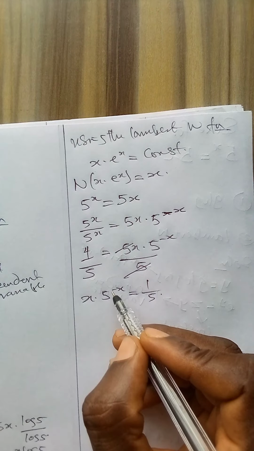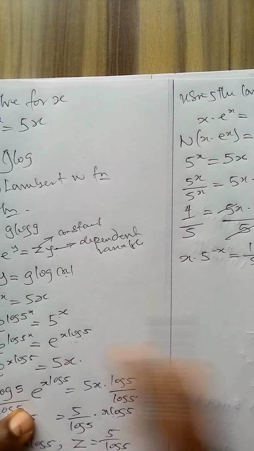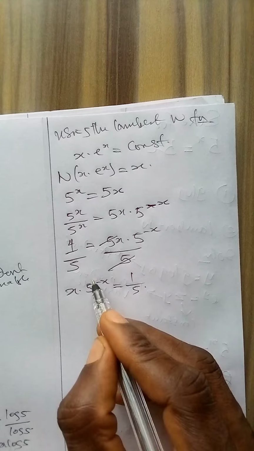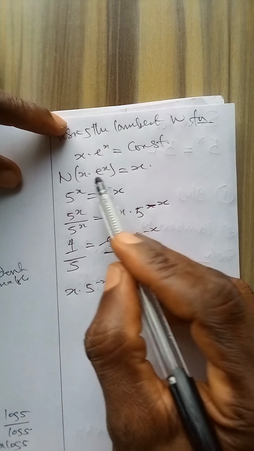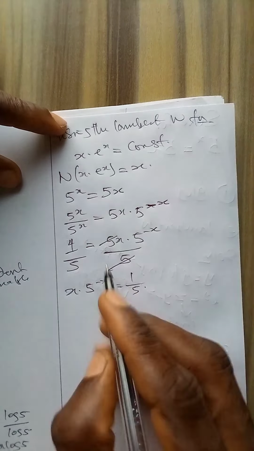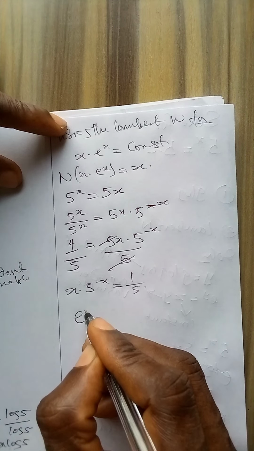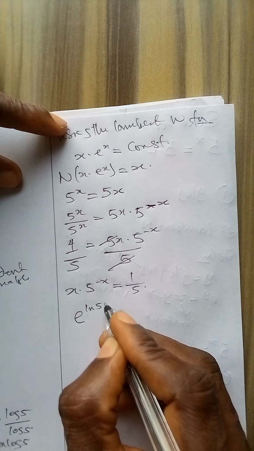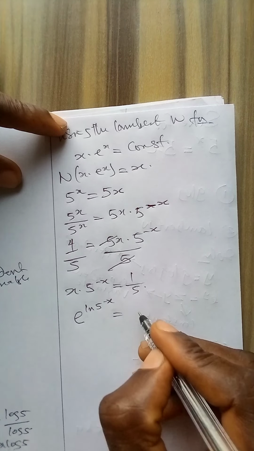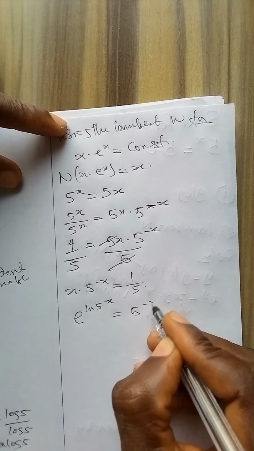Like we did in the earlier case, we need to rewrite this expression so that we'll be able to apply this formula. To do this, let us remember that e to the power ln 5 to the power minus x is the same thing as 5 to the power minus x.